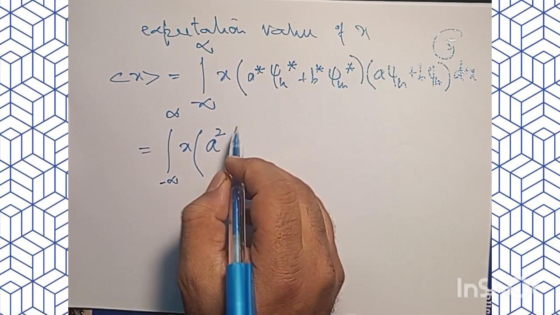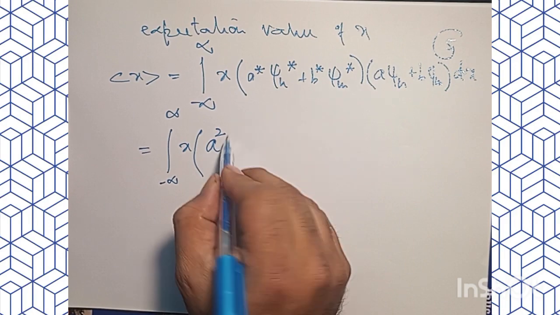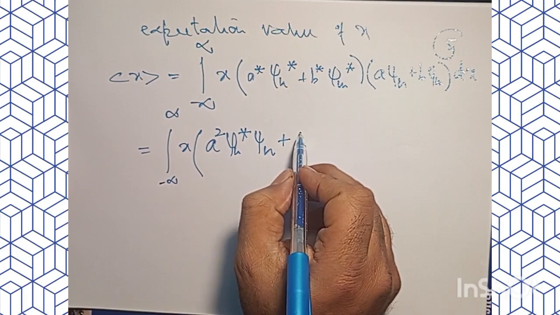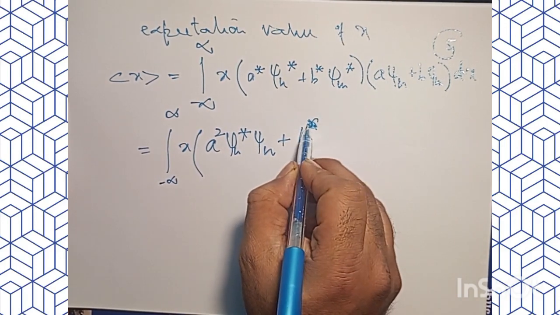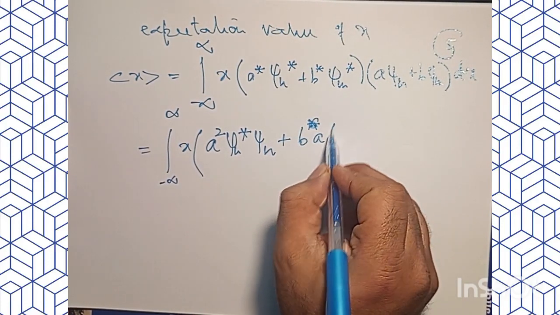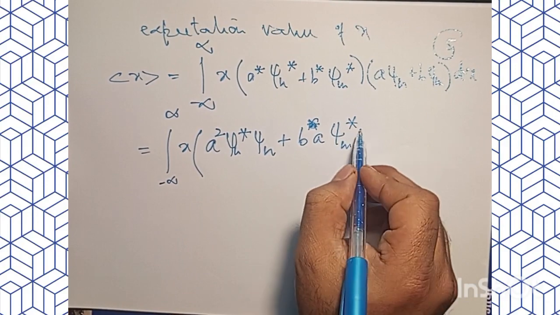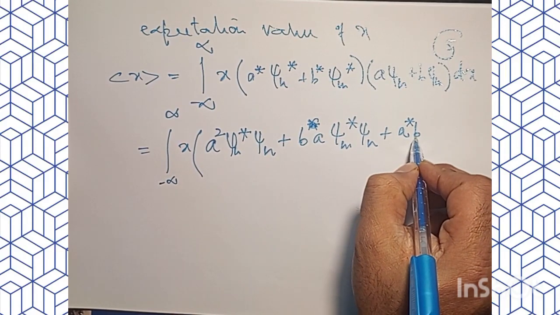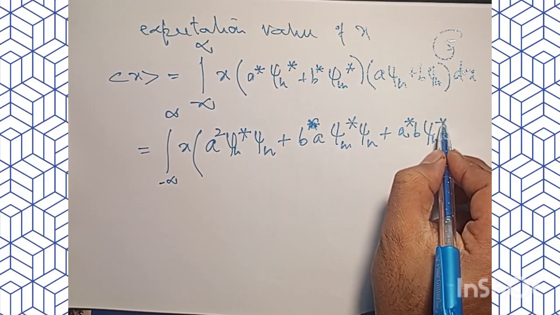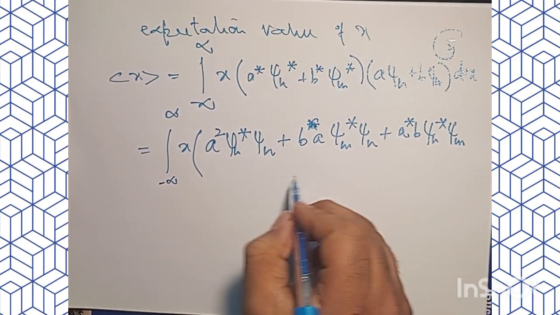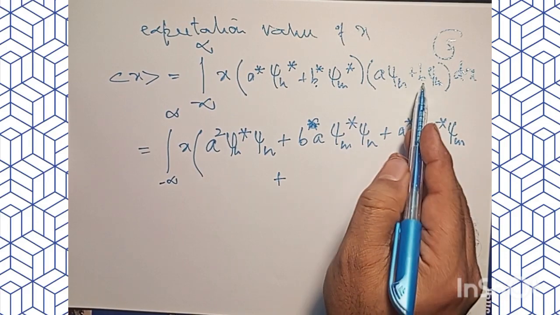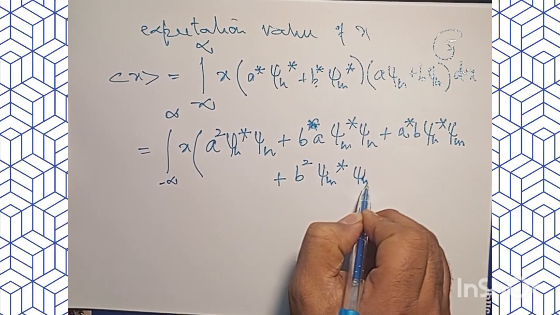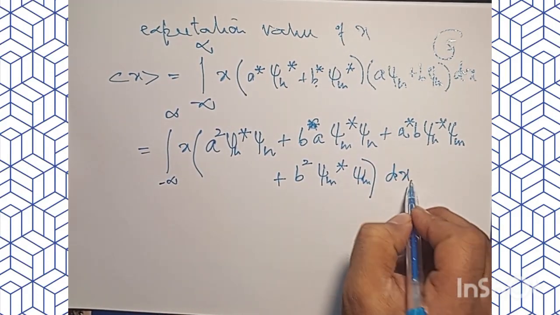This is a squared, then psi n star psi n, plus b star a psi m star psi n, plus a star b psi n star psi m, and plus b star b, which will simply give me b squared, so this will be psi m star psi m. Close it and multiply by dx.